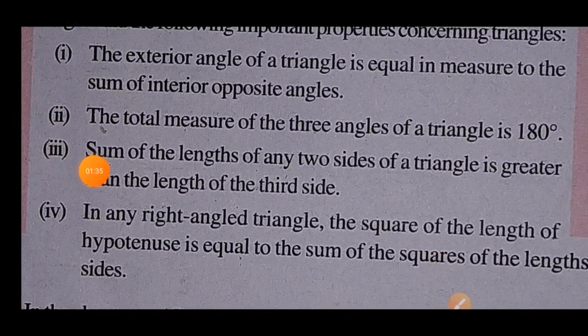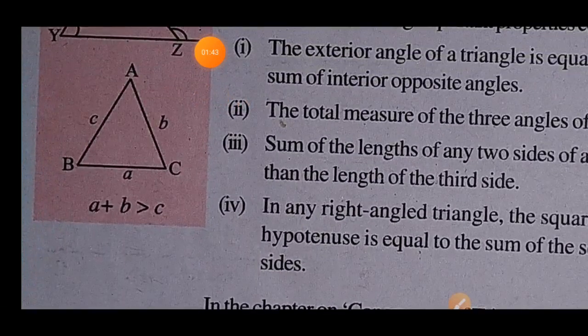Now the third property, the sum of the lengths of any two sides of a triangle is greater than the length of the third side. There are three sides in this triangle, side A, side B, and side C. So the sum of side A and side B is always greater than the measurement of side C, and it is true for all the three sides.